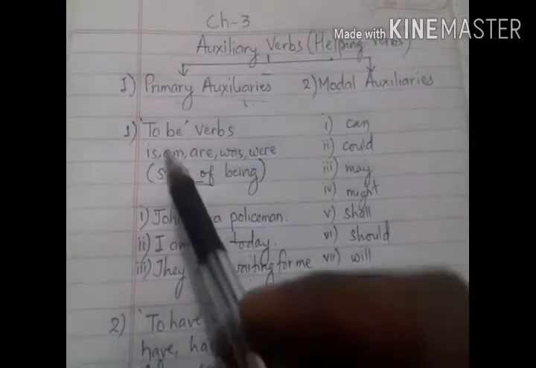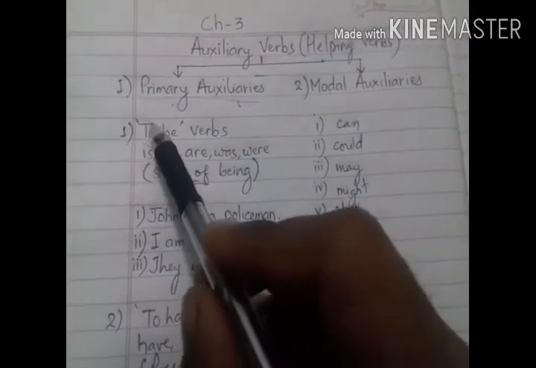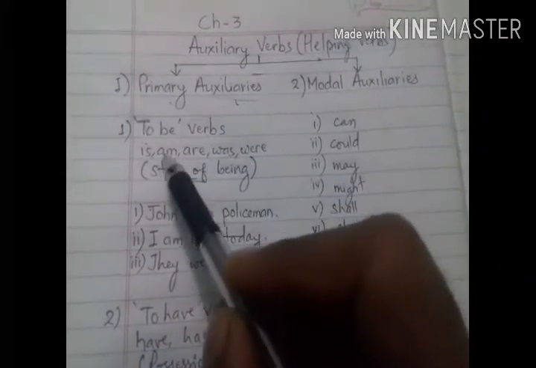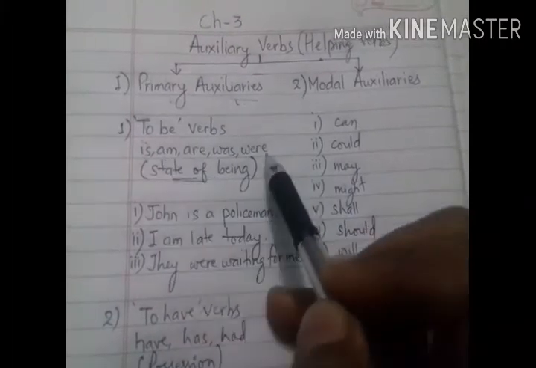See, the first group of primary auxiliary is to be verbs. There is a group of to be verbs which are is, am, are, was and were.